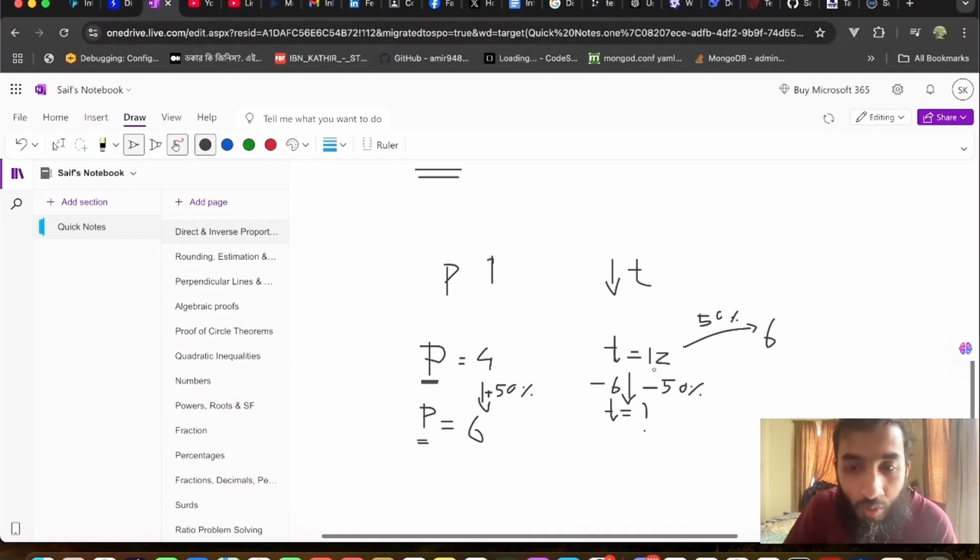What should T become? 12 minus 6, which is 6. So T should decrease from 12 to 6, which is minus 50%. So when P increases plus 50%, T should decrease minus 50%.